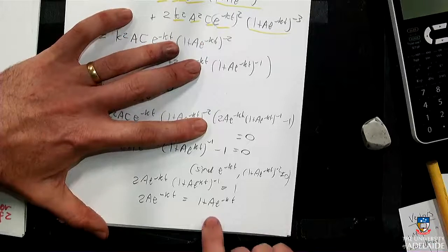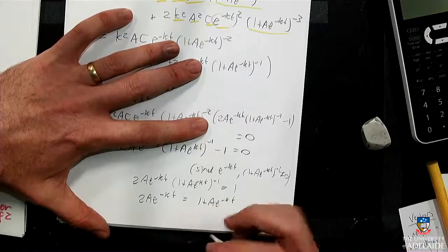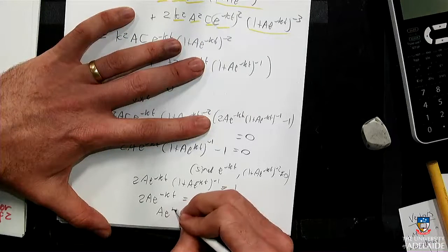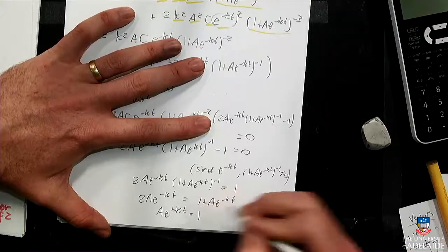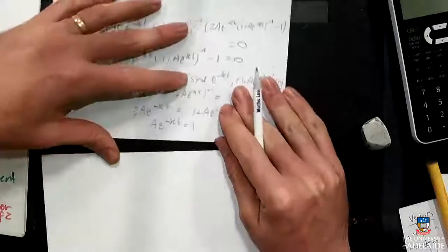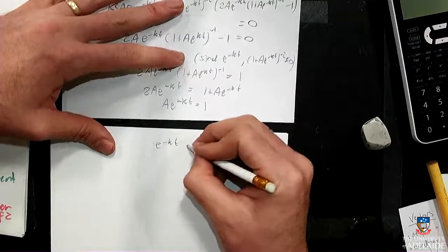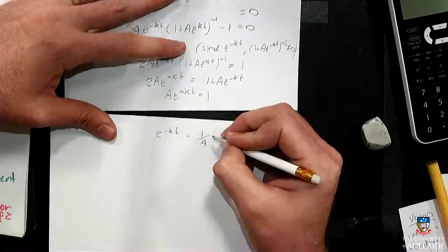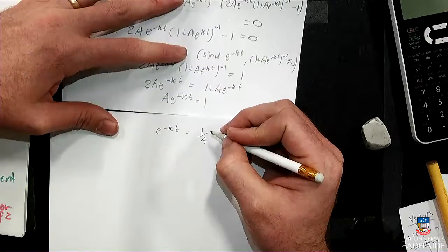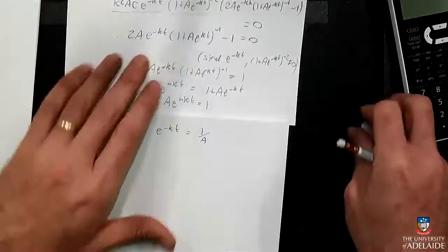I can see an a e to the minus kt, which I could subtract from both sides, so I'm going to get a e to the minus kt equals 1. Okay, so e to the minus kt equals 1 over a. Actually, do you know what? That's a negative power.